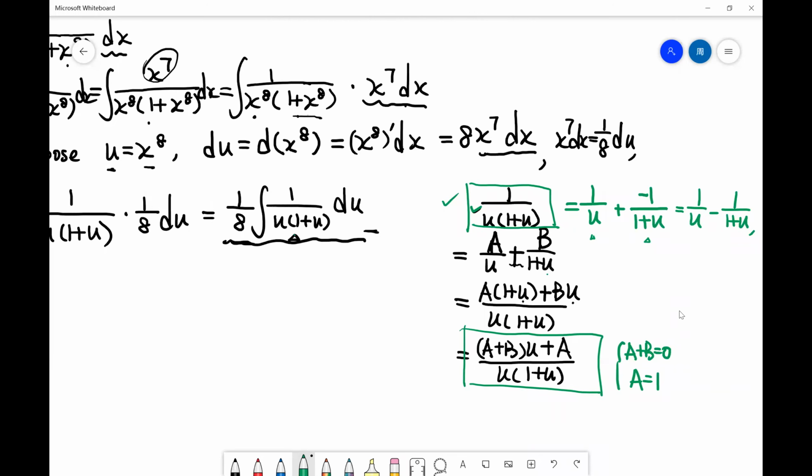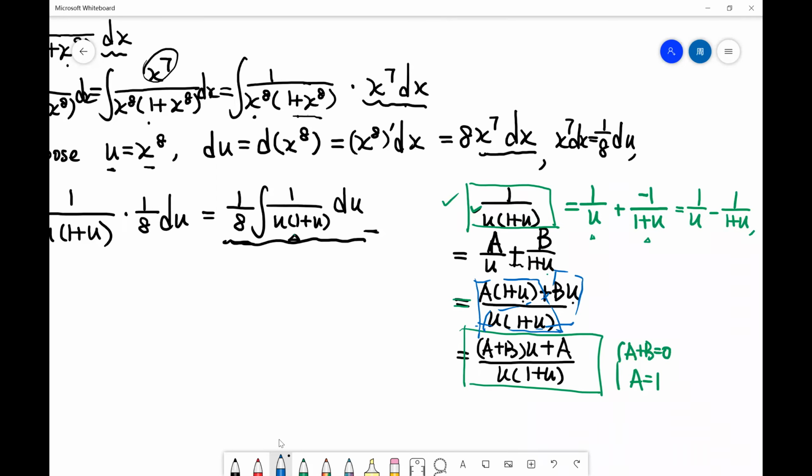So here we know that a by u plus b by 1 plus u can be written as this part here. In this part, you know that 1 plus u can be cancelled. So that is a by u here, right? And in the second part, u can be cancelled, right? So that is b by 1 plus u here. So we can multiply one by one.